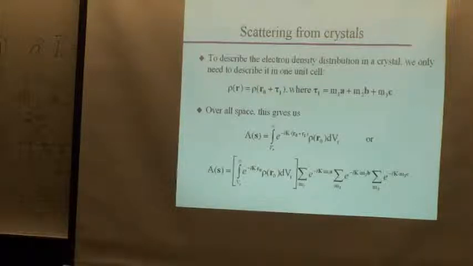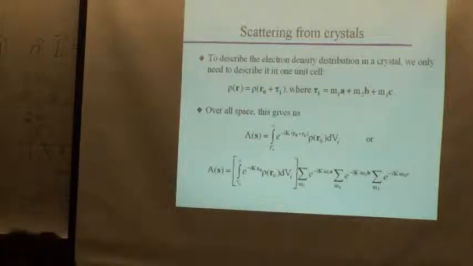Okay? Once again, no magic done so far. It's the same equation from the last page. All we did was we replaced rho of r by these expressions, and of course we replaced the r here with the r0 plus tau 1. The real trick comes when we realize that this is a sum.